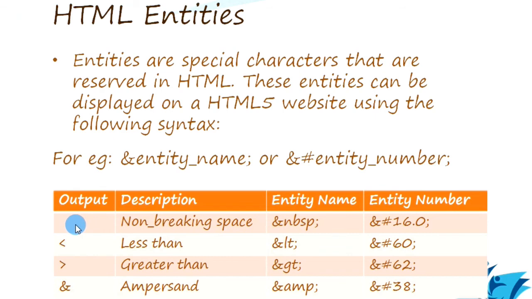For example, if you need a non-breaking space, you have to type ampersand NBSP semicolon. Or you can type its entity number, ampersand hash 160 semicolon. In this way, for less than and greater than, there are their respective entity names and entity numbers.